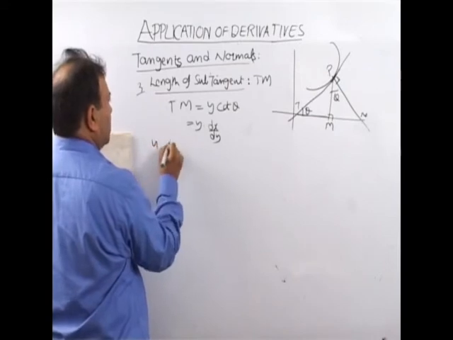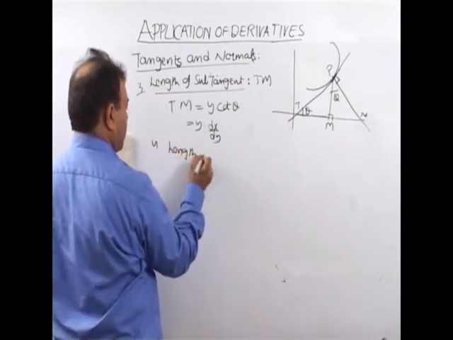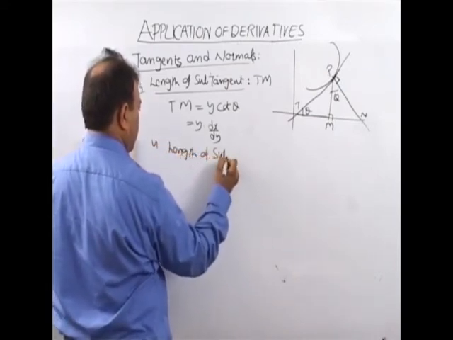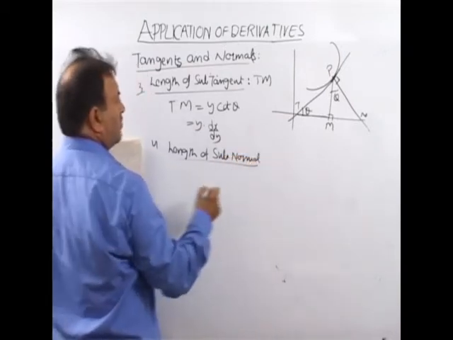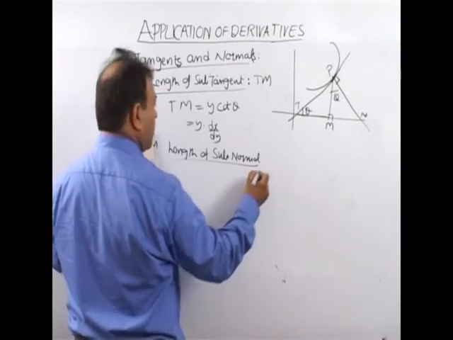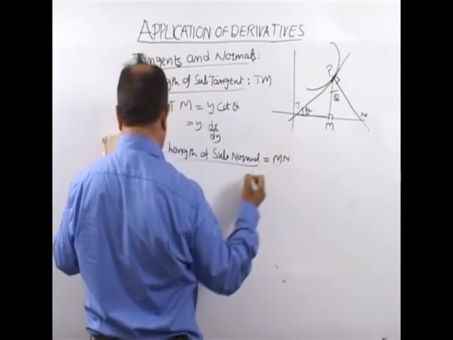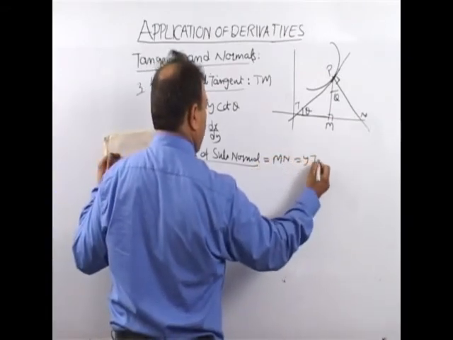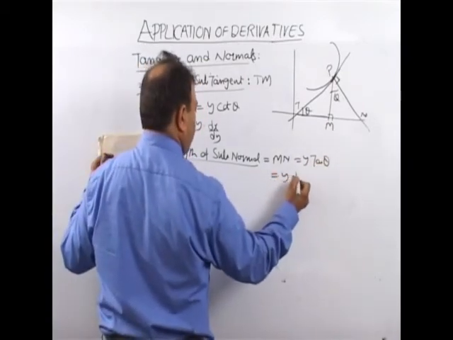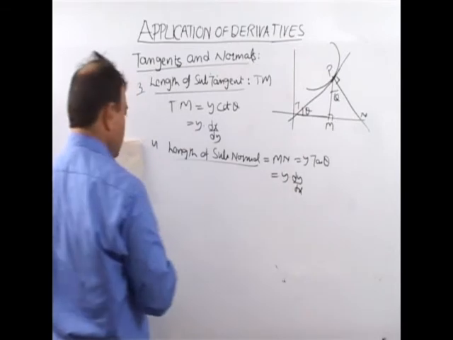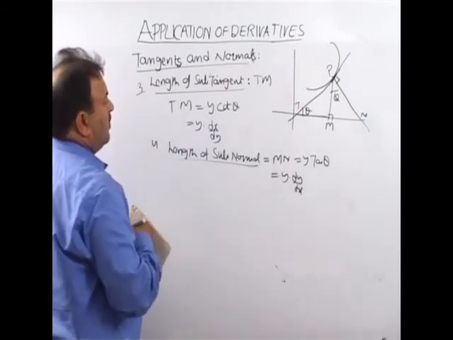And the fourth thing is length of subnormal. Length of subnormal is equal to MN. This is equal to y tan theta, which is y dy by dx. So these are the 4 points to write.